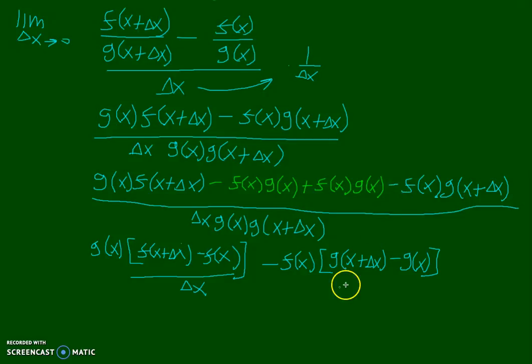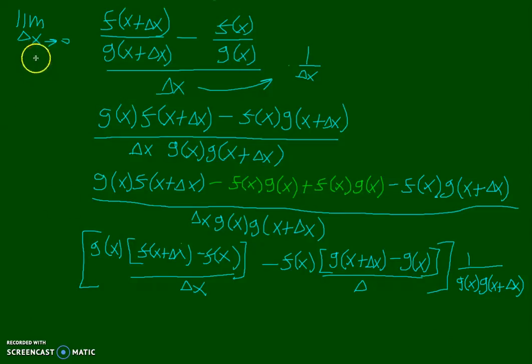We'll put this quantity all over delta x as well, because we're dividing by this entire quantity. And then the remaining part, we're going to slide all the way off to the side, and we're just going to multiply this whole quantity by 1 over that quantity. So this is 1 over g of x, g of x plus delta x.